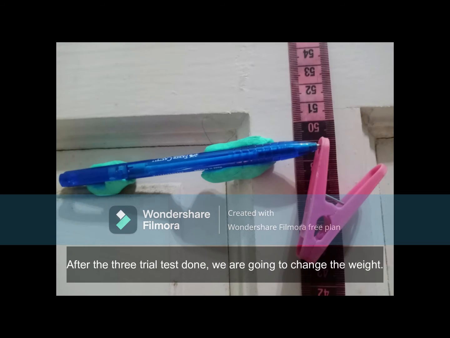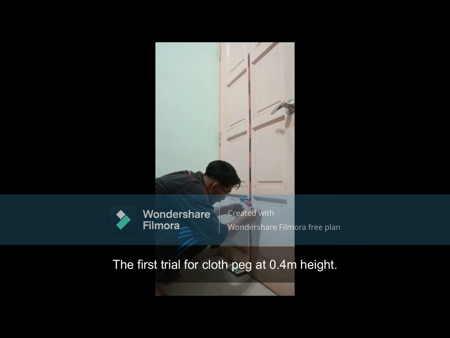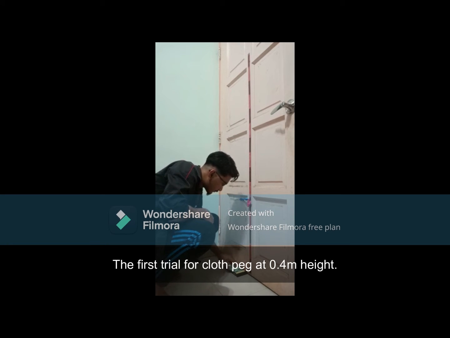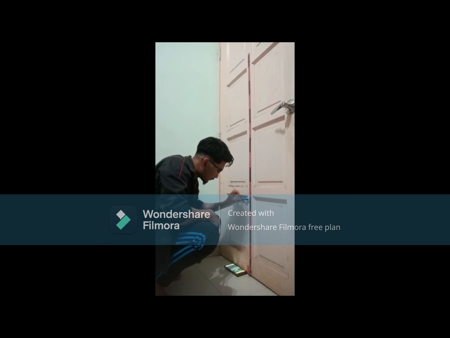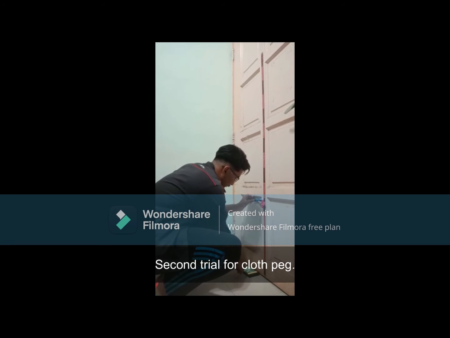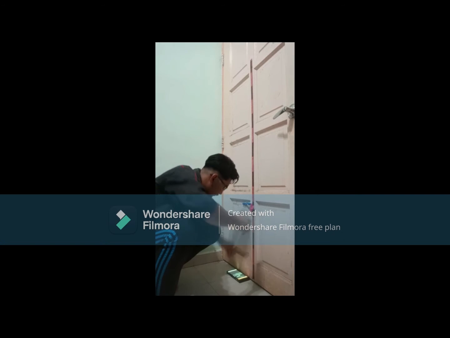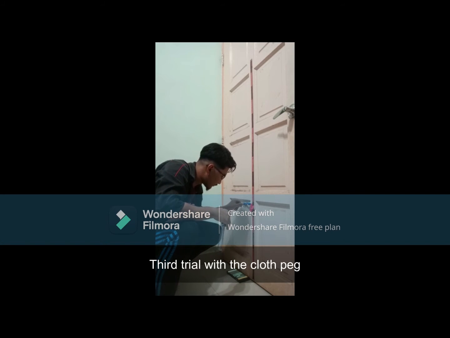After the test is done, we change the object by replacing it with the cloth peg. The first trial of this object is 0.316 seconds. The second trial is 0.306 seconds. The third trial is 0.301 seconds.